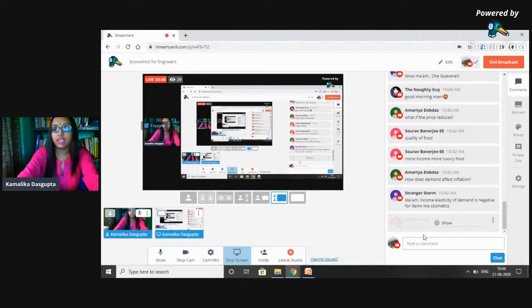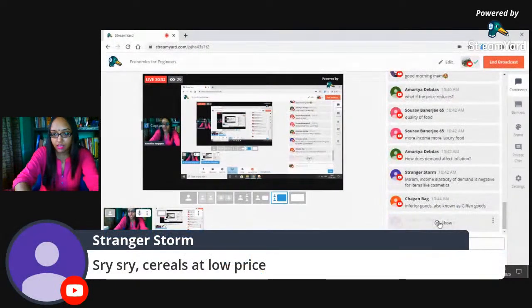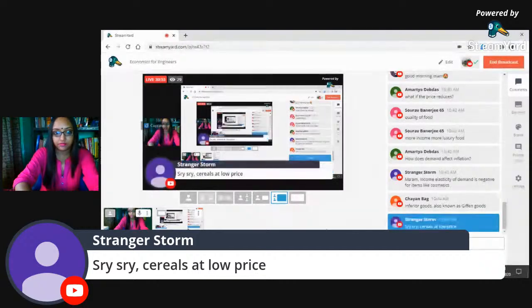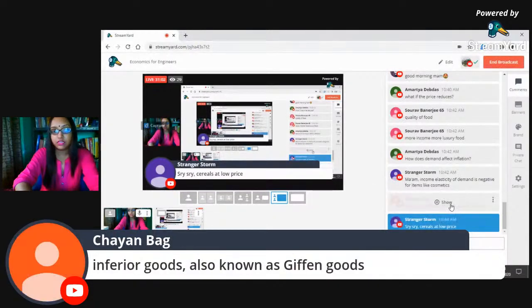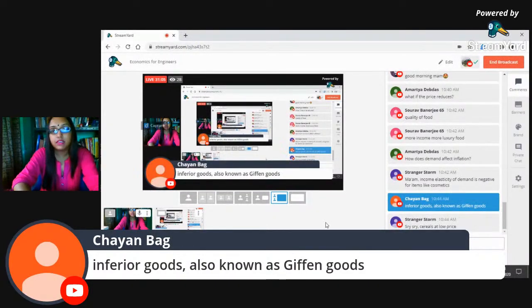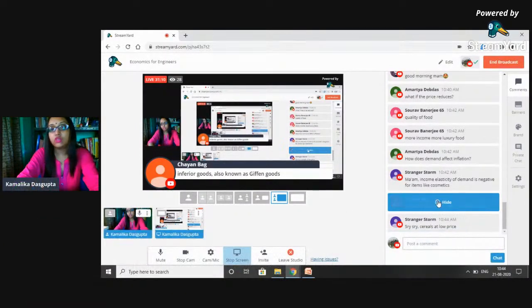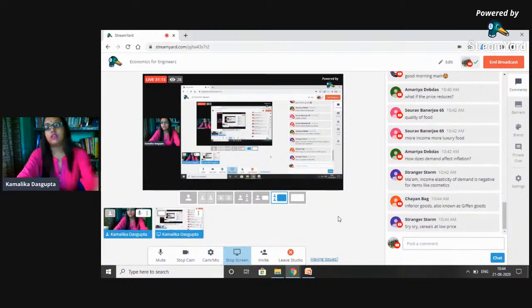Yes, Choyon is saying inferior goods, also known as Giffen goods. Cereals at low price. So basically, yes, inferior goods are goods which are of inferior quality, or goods which are usually consumed by people who belong to the lower income group. Those goods are called inferior goods.